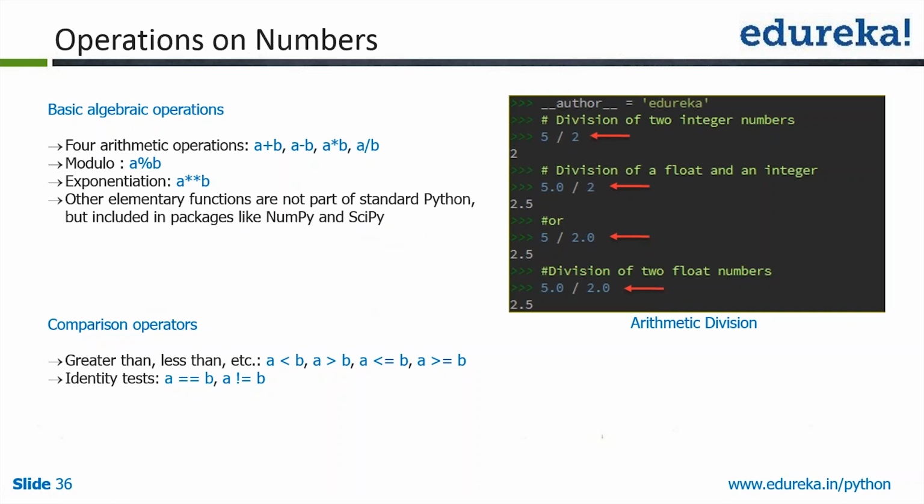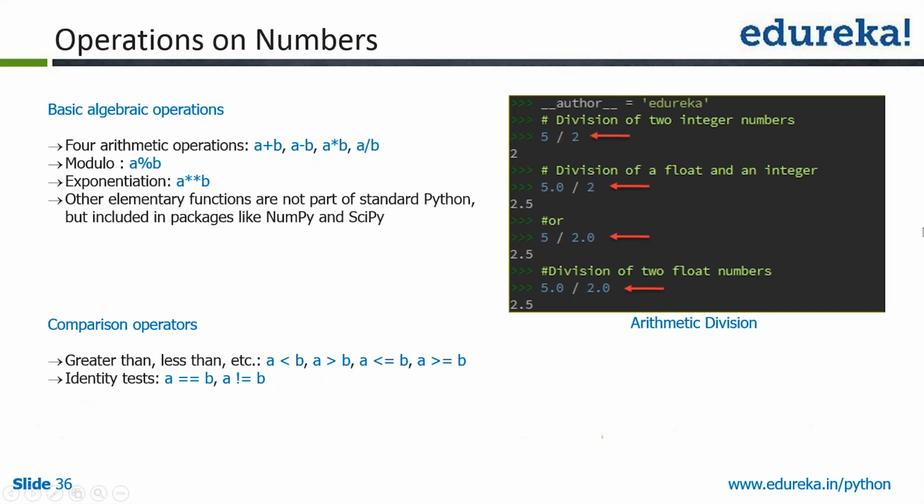Now, apart from algebraic operations, there are some comparison operators available in Python. These are the ones. I won't read them because most of you will be familiar with these. But in order to do identity test, which is around finding if an object is equal to another object or a value is equal to another value, we use double equal as the equality operator, or exclamation equal, which stands for not equal, for confirming that two objects or values are not equal.